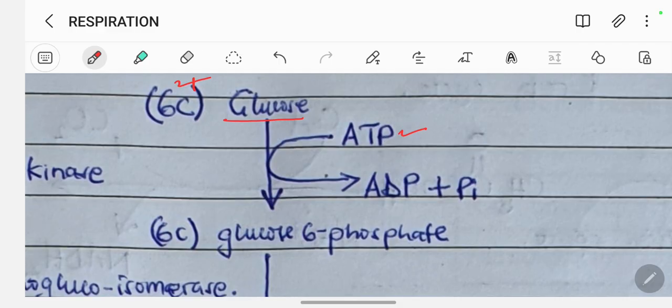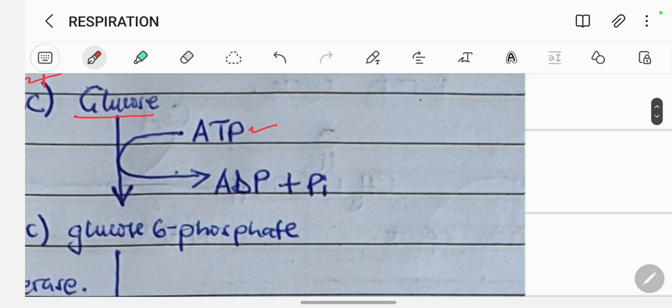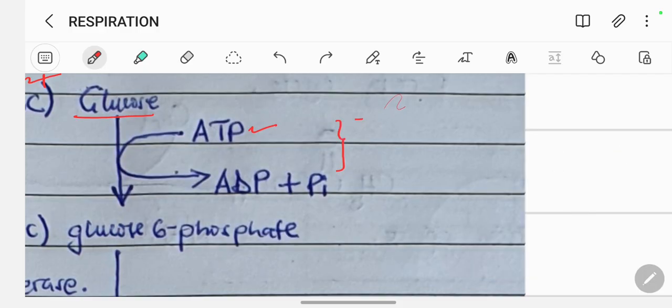As we pump in ATP, it's going to be phosphorylated to make it more reactive. So glucose is phosphorylated here.